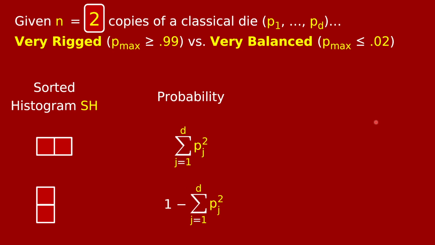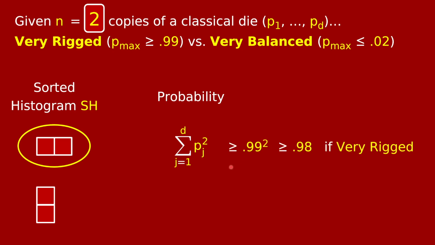Now, for this very rigged versus very balanced problem, I really want to focus on the scenario where the measuring device tells you that you got 2 of the same outcome. Suppose you're in the very rigged case, so one of the probabilities of the faces, p1 through pd, is at least 0.99.